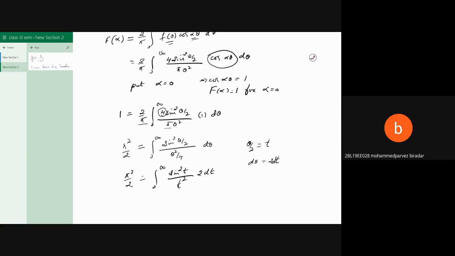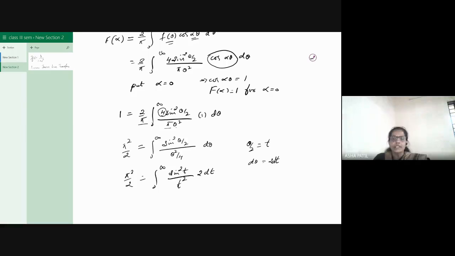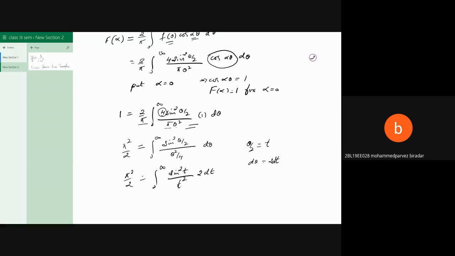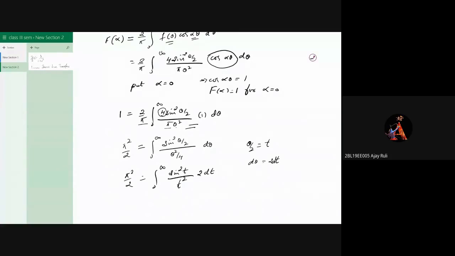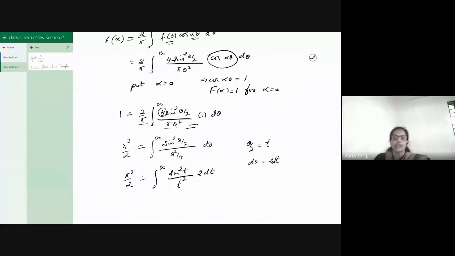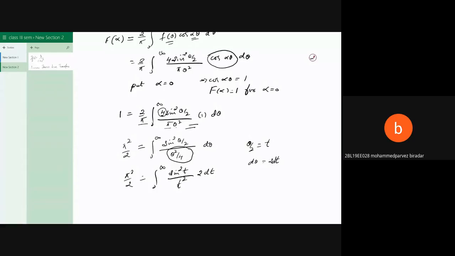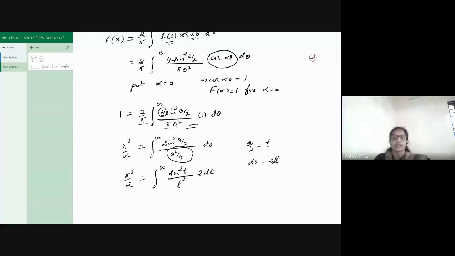Which one? Last third step. This one. Yes, ma'am. What happened? 4 sine square theta by 2. I kept the 4 here only. What I did is I have taken that 4 to the denominator. Okay, ma'am.